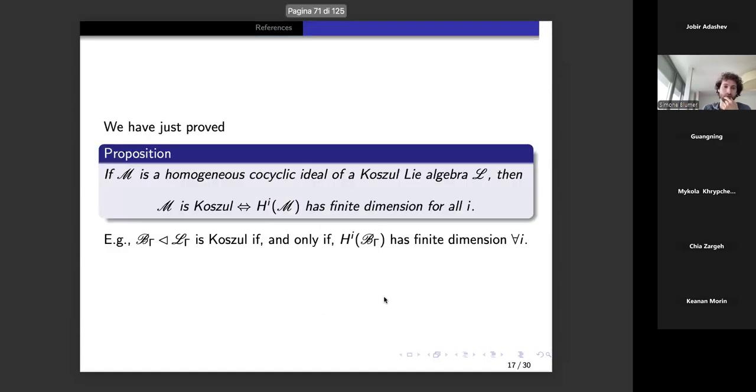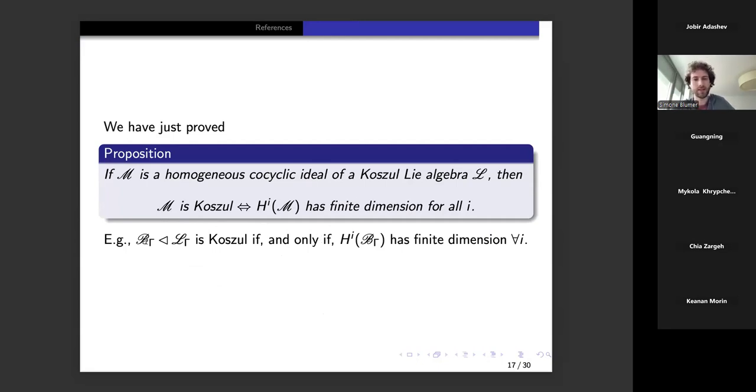And so we have proved that if M is a homogeneous cocyclic ideal of a Koszul algebra, then M is Koszul if and only if all of its cohomology groups are finite dimensional. And this is interesting because it relates a good cohomological behavior with just a finiteness property of the Lie algebra.